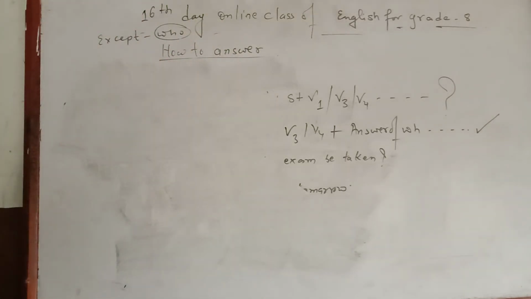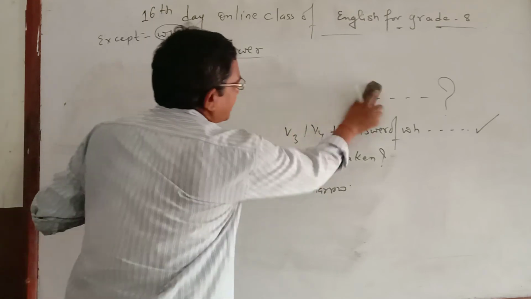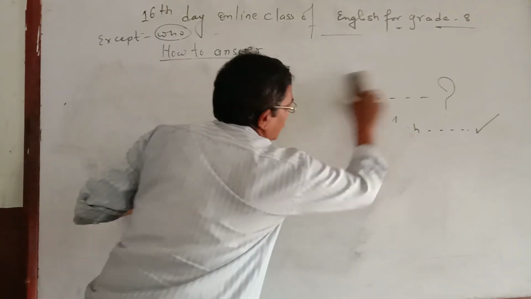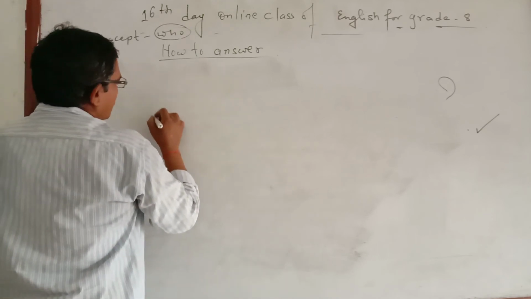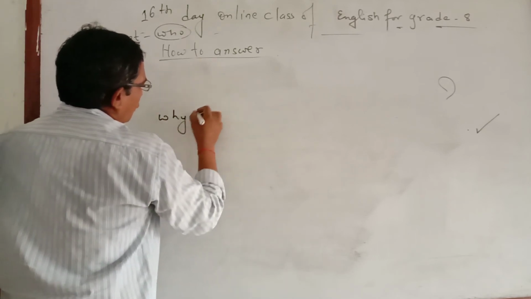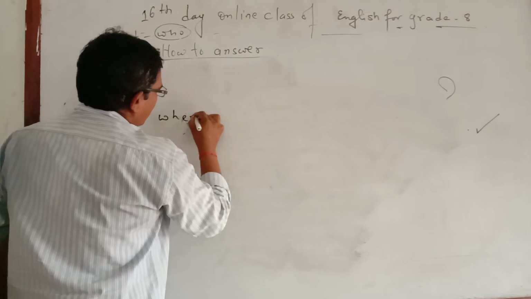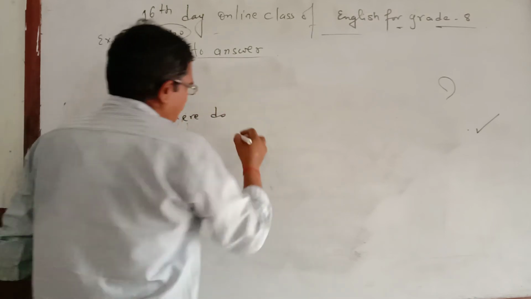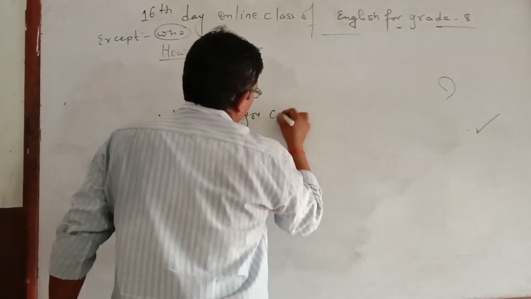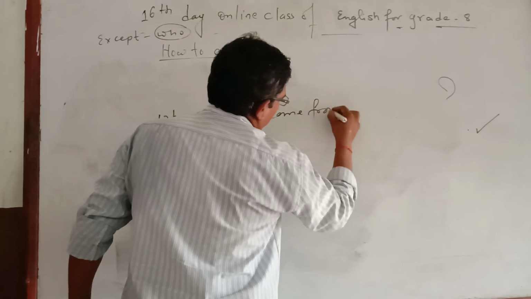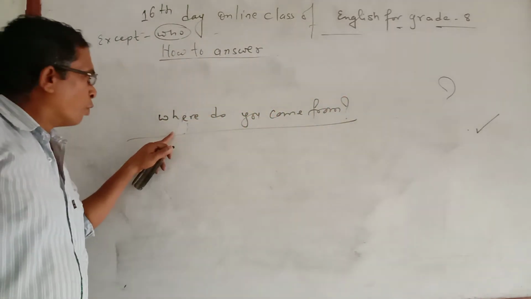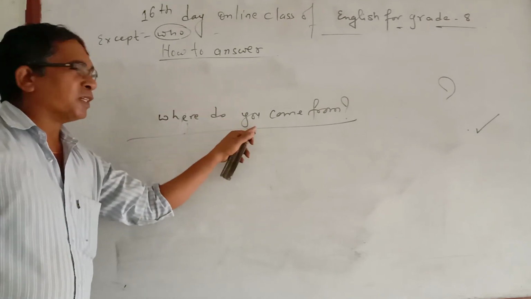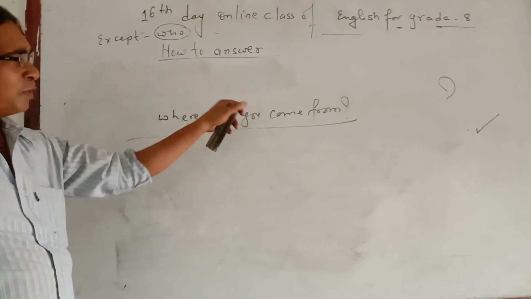Finally, before departing on the 16th day, one example related to the second person, as I told you. Where do you come from? So here is WH, where, and the second person here in the form of subject.